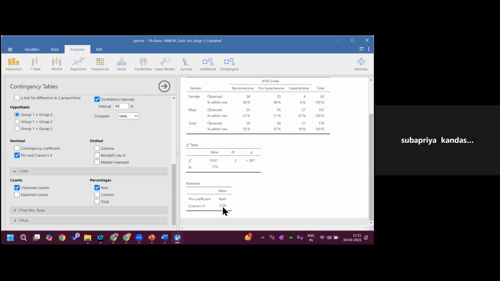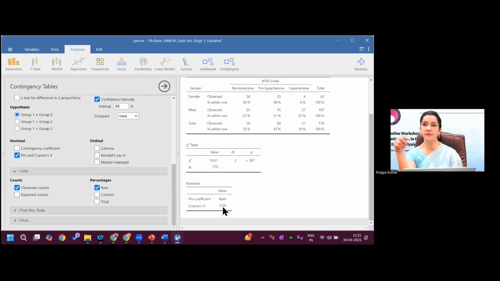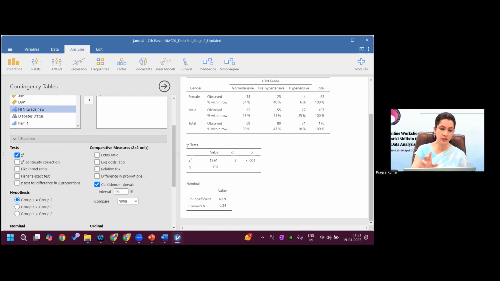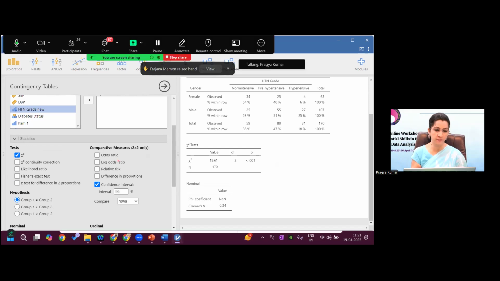I think Dr. Lokesh has asked, if a 0 cell count is there, then what to do? There are various ways to tackle that. First, if in any cell the count is 0 and it is a 2 by 2 table, then you can go for a Fisher exact test. I was not coming to that yet, but since you have asked, I am replying. So in a 2 by 2 table, you go for the Fisher exact test.